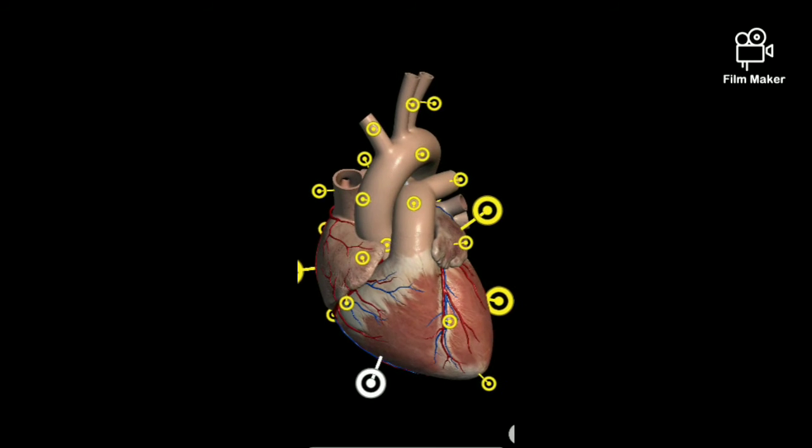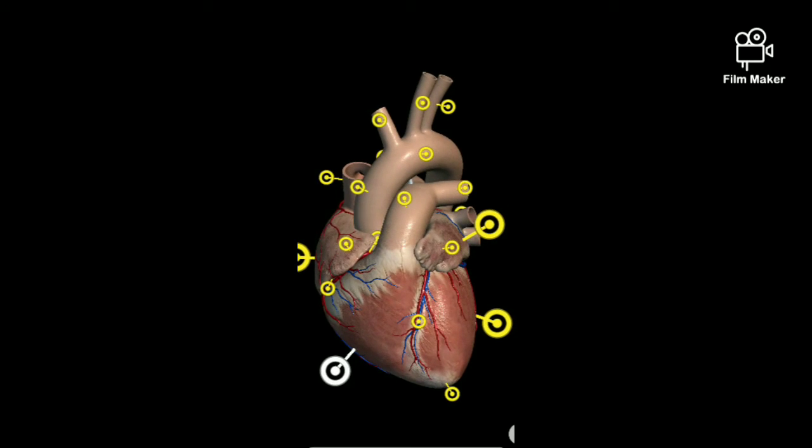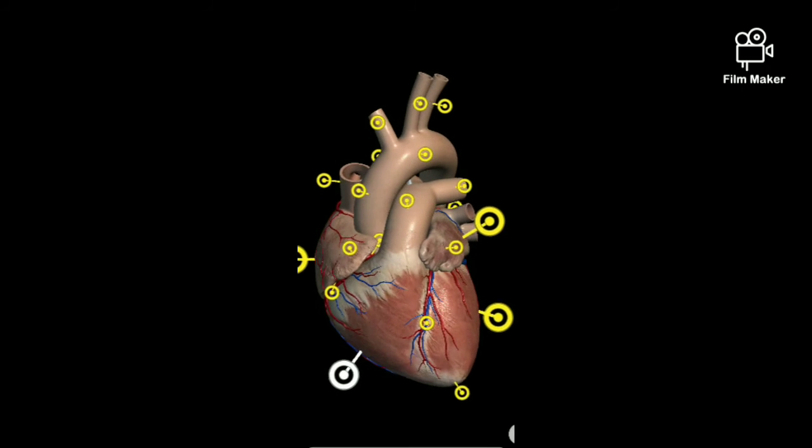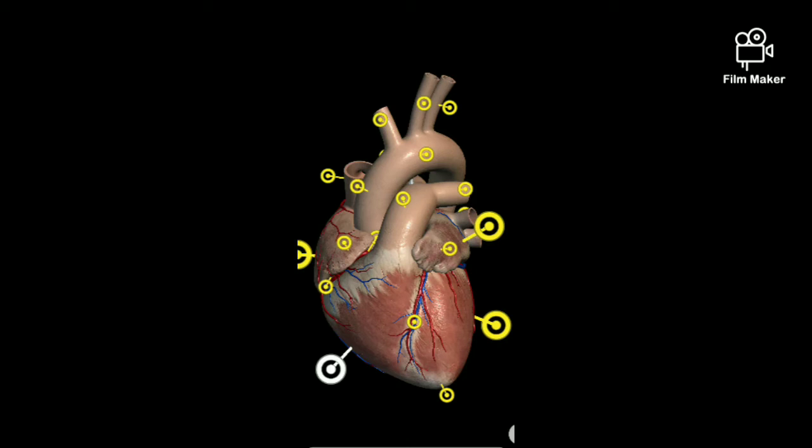The right ventricle can be divided into inflow and outflow portions, which are separated by a muscular ridge known as the supraventricular crest.